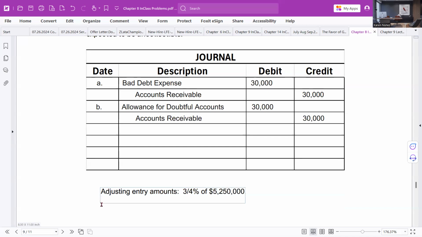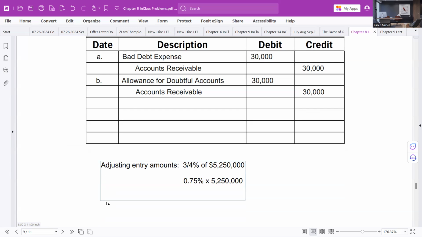So that means that we need 0.75% times the 5 million, right? And we want to convert that percentage to a decimal. Move your decimal 2 places to the left.